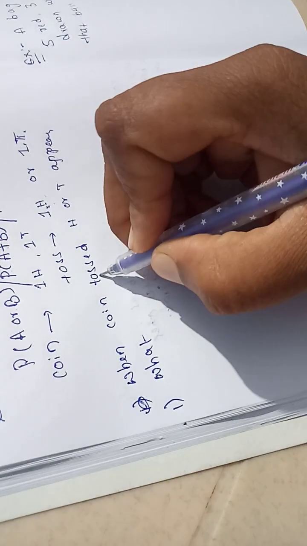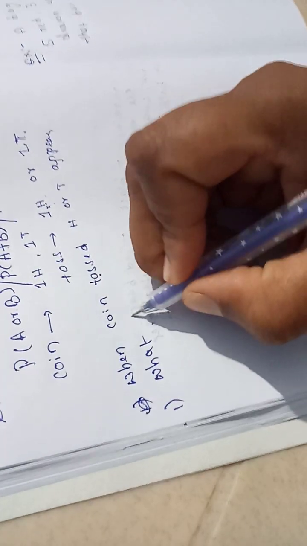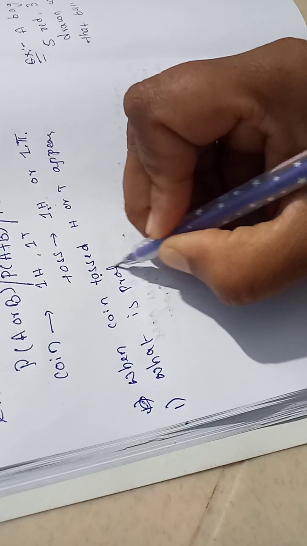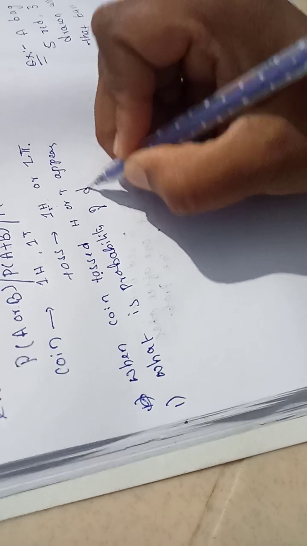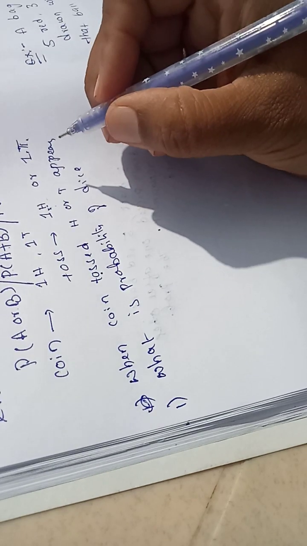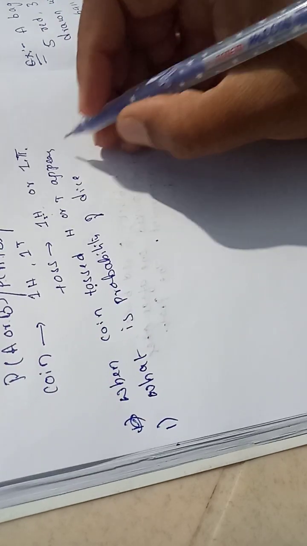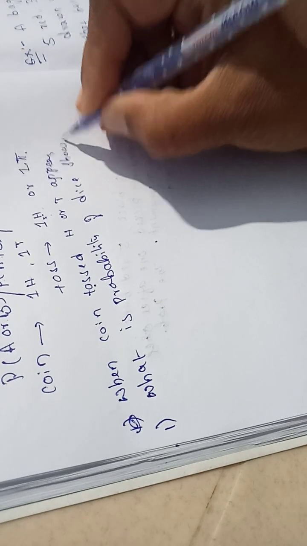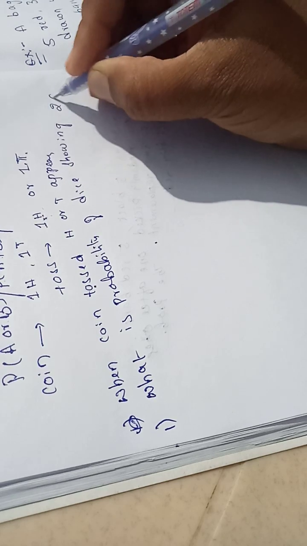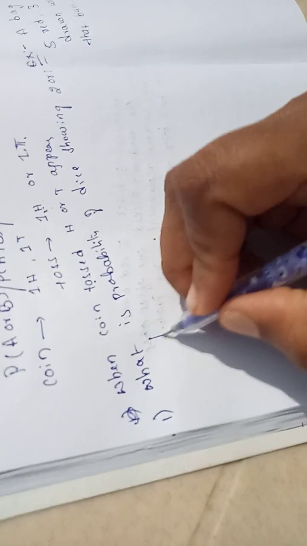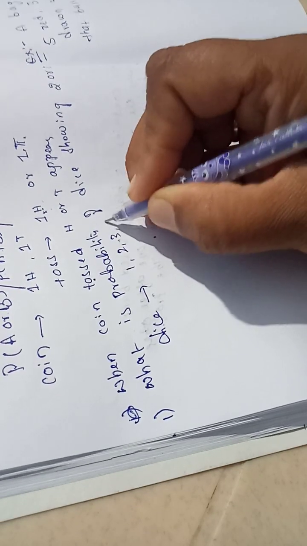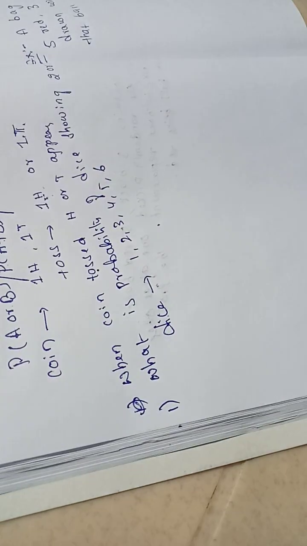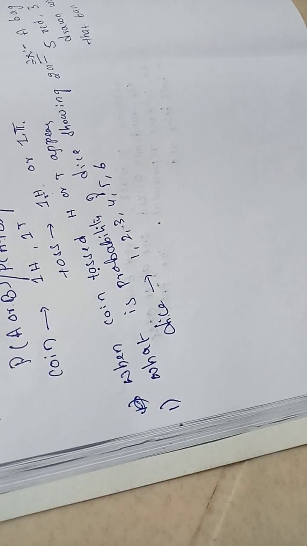What is the probability of the dice showing 2 or 5? A dice has 1, 2, 3, 4, 5, 6.